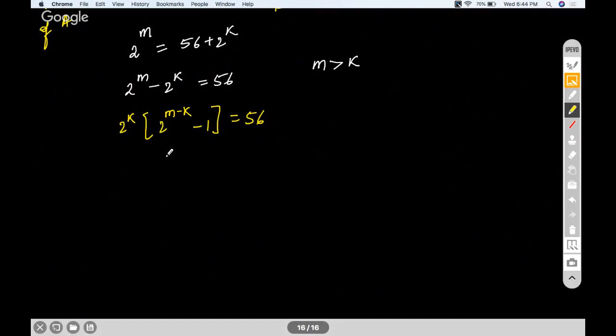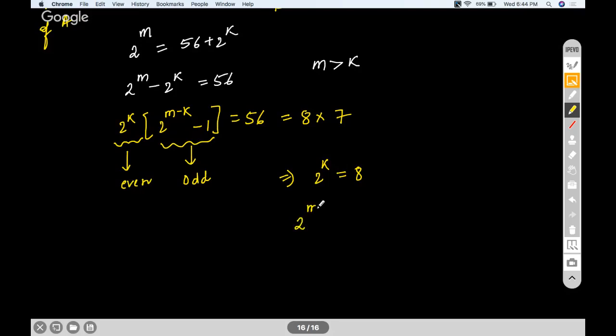Okay. Now from this it is very clear that this is an even number and this is an odd number. And this even number is some power of 2. So basically it's very obvious that this has to be split up as 8 into 7. Which clearly implies 2 to the power k is 8 and 2 to the power m minus k minus 1 is 7.